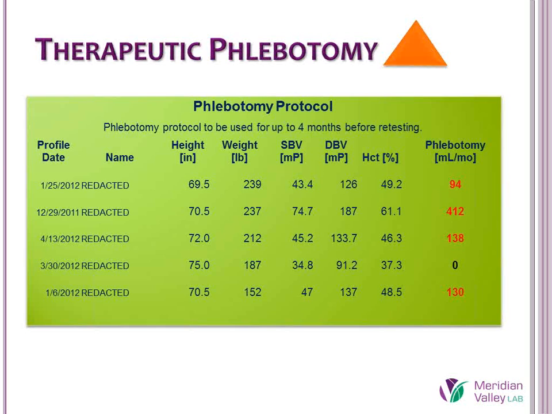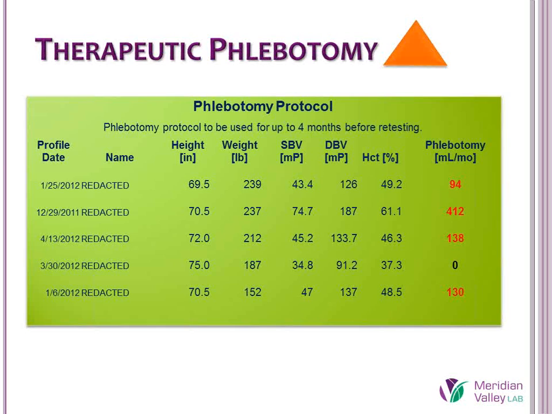As you can see, our fourth patient down there did not need to, it was not appropriate to do phlebotomy on that patient. You can see that the patient with the critically high blood viscosity values is still having only about 14 ounces of blood withdrawn monthly, or slightly less than a pint. And this is just under double what would be allowable in donating blood to a blood bank, where the limit is usually 1 pint every 2 months.